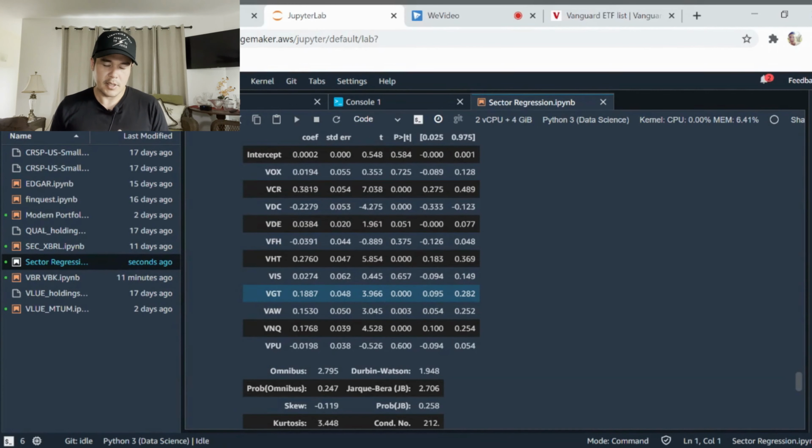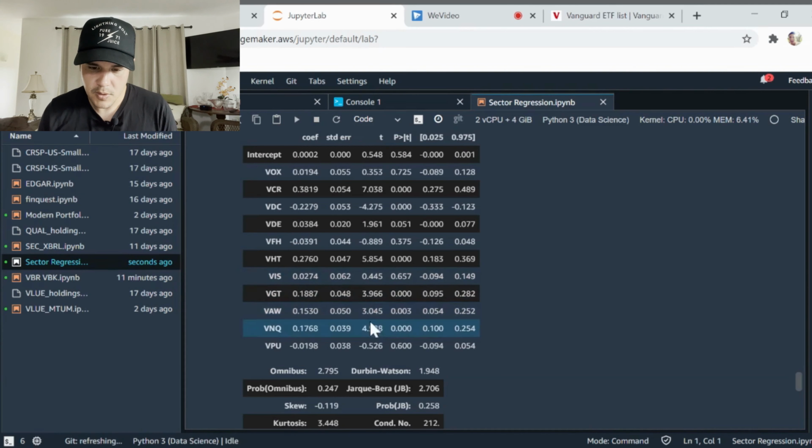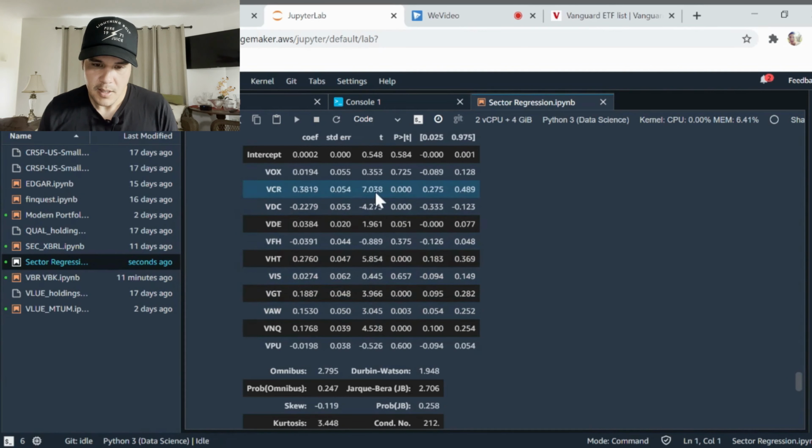There does seem to be a bias towards the technology sector. But notice how there are some other larger T-stats. Notice how VCR has a much larger T-stat than VGT. But regardless, you can't really compare a larger T-stat versus a smaller one. Really, what this is saying is that they're statistically significant. We should look at the coefficient. You can see the coefficient here is 0.38.